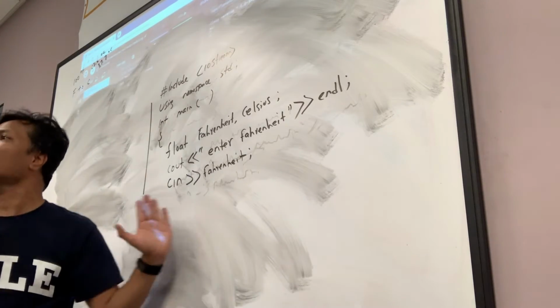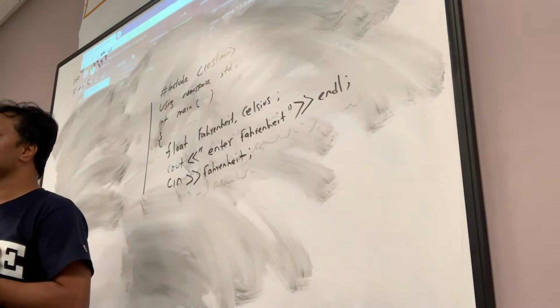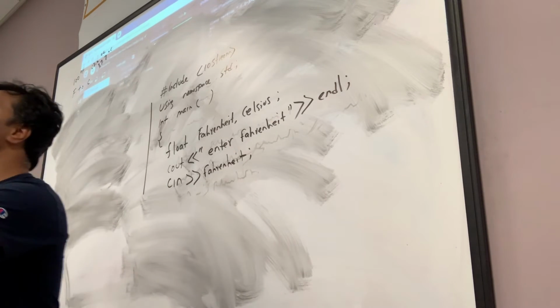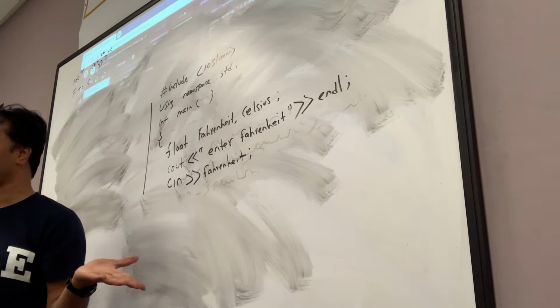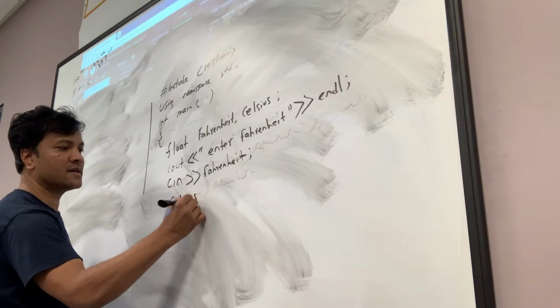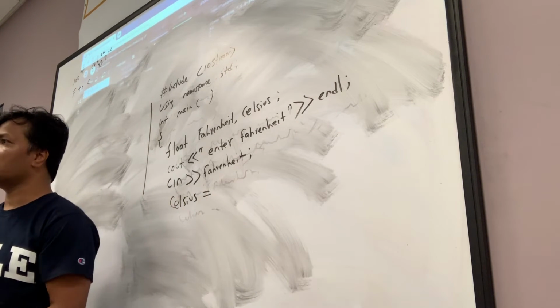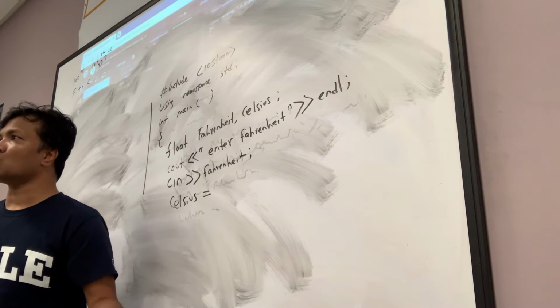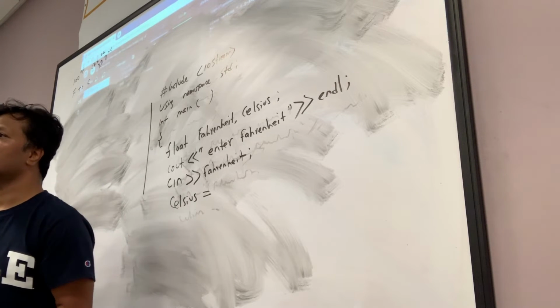Should we start with Celsius or Fahrenheit? Celsius, because Celsius is what we need. We already know Fahrenheit. So you're going to write Celsius equal to, and now we have to write the formula. Celsius is equal to what?